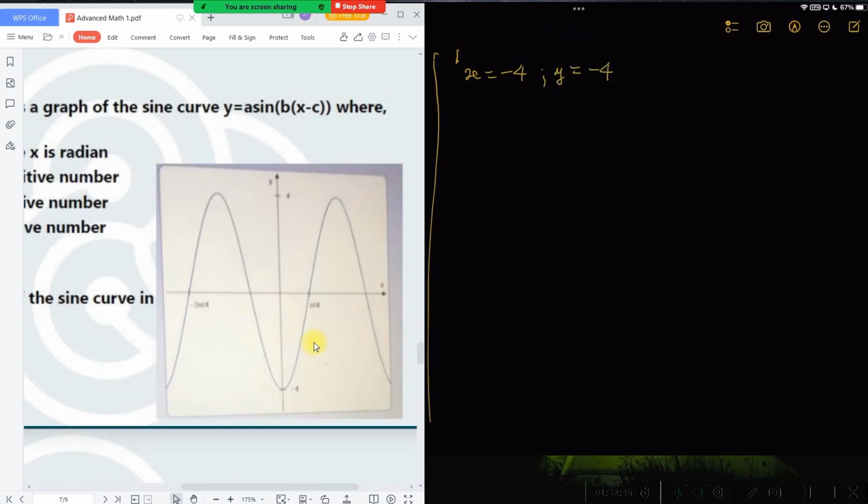So we have a sine of b times x, where x is 0, y equal to minus 4.